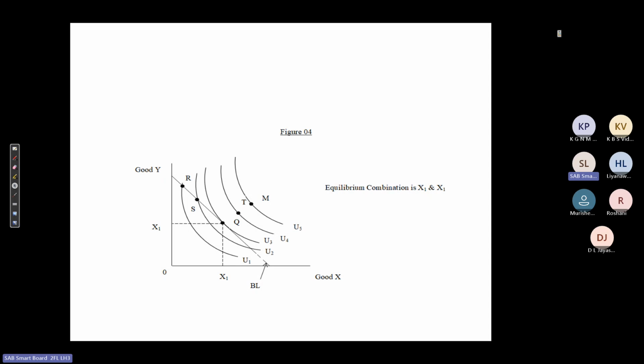Based on a particular fixed income level, this consumer comes to the equilibrium at the tangent point. At this point, the marginal rate of substitution equals the price ratio between the products, which in turn equals the ratio of the marginal utilities of the respective products. So this is the equilibrium combination.